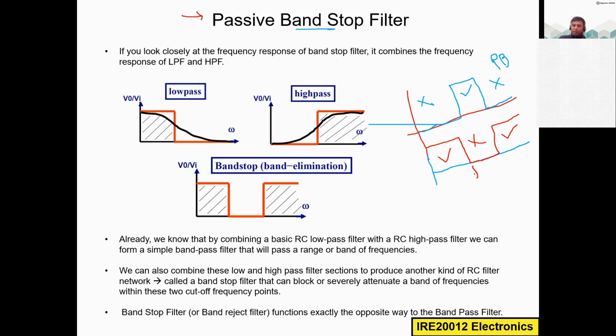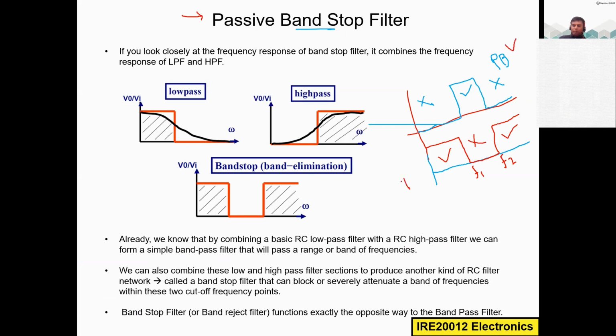Okay, so it means we are eliminating or rejecting a certain frequency range. So here then definitely we will have two cutoff frequencies, F1 and F2, or FL and FH. So already we know that by just cascading low pass filters and high pass filters together, we can form a simple band pass filter that will pass a range or band of frequencies that is here.